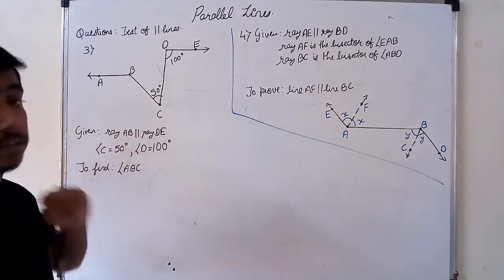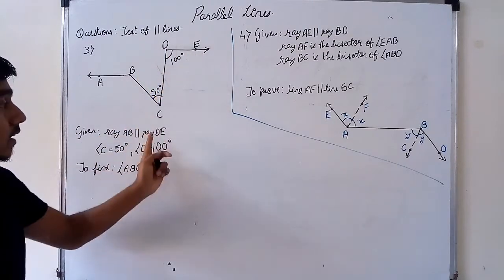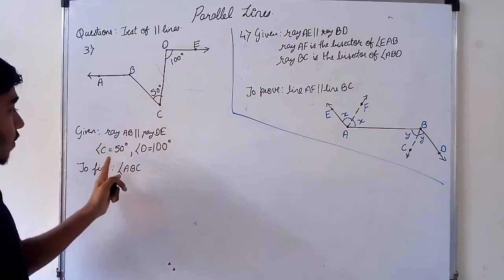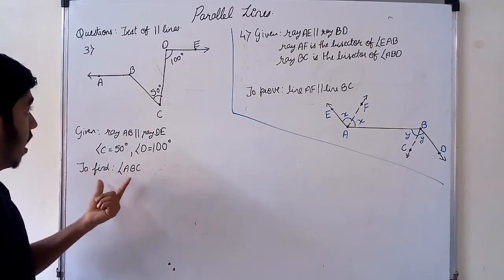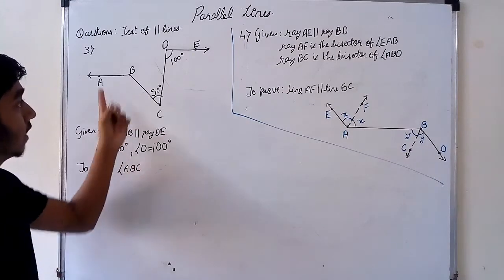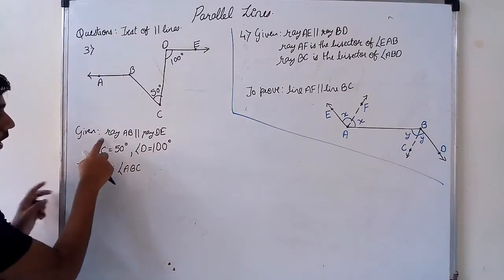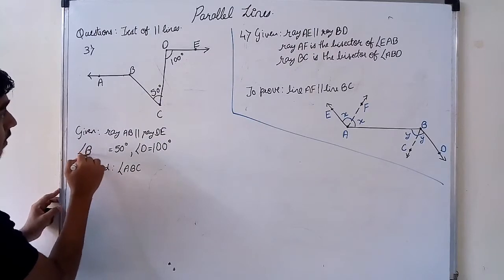This is another question in which it is given that rays AB and DE are parallel, and angle C is 50 and angle D is 100. We have to find angle ABC. But before that, can I write angle C as angle BCD?